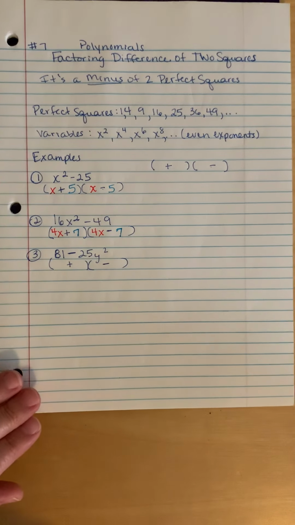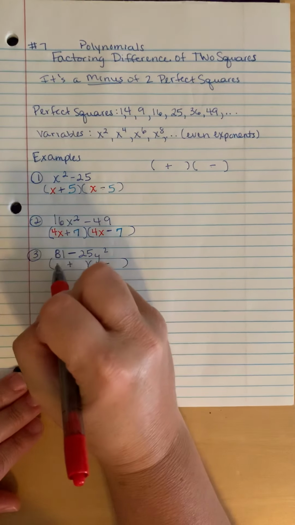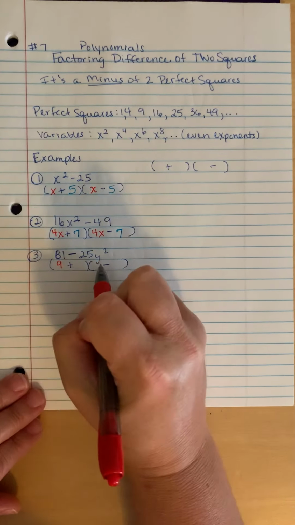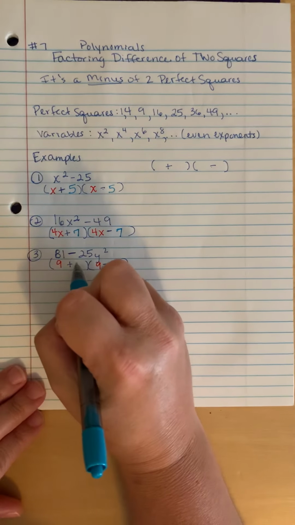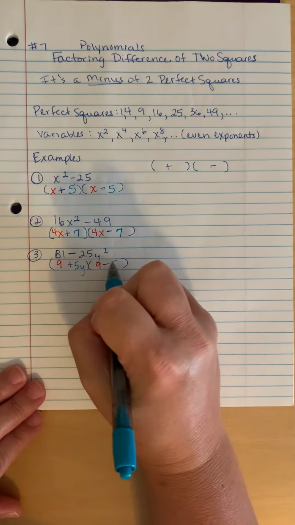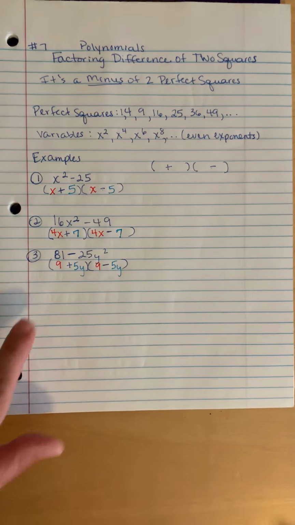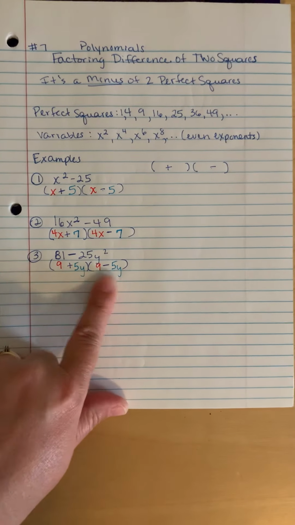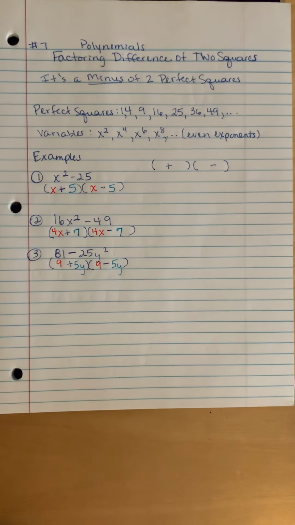Now, what times what gives you 81? This is the same number, so 9 times 9. And you got 25y squared. What times what gives you 25? So let's go with a 5. And since that's a y squared, we're going to do a y. And we're going to have another 5y. Notice they're the same exact thing in each parentheses except for the sign has changed.